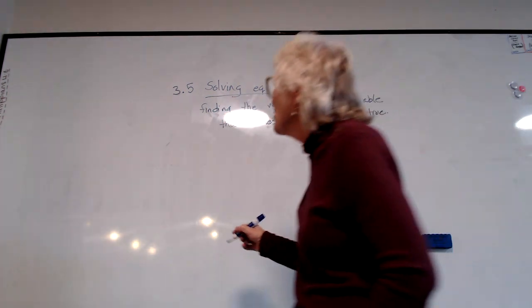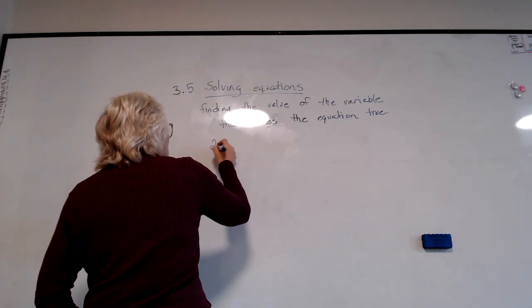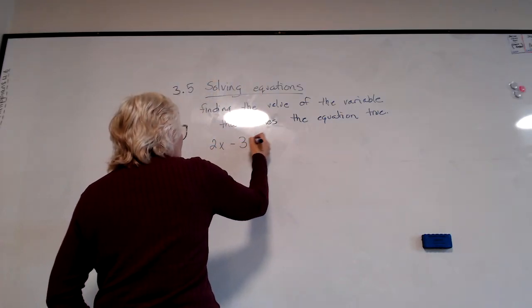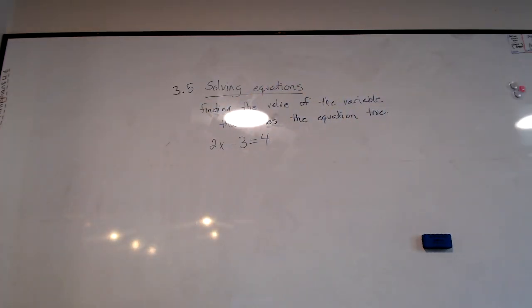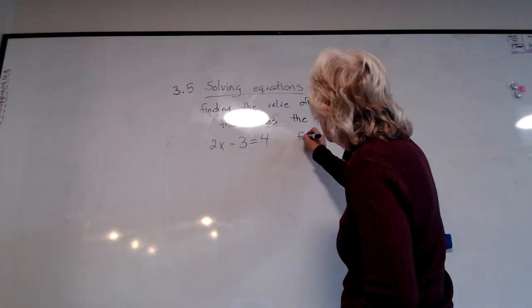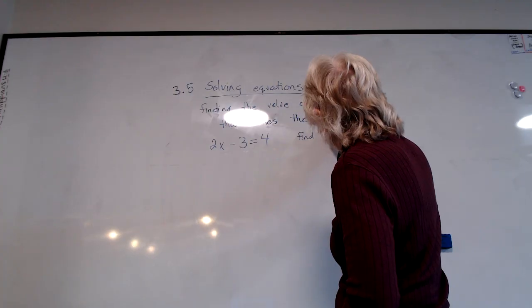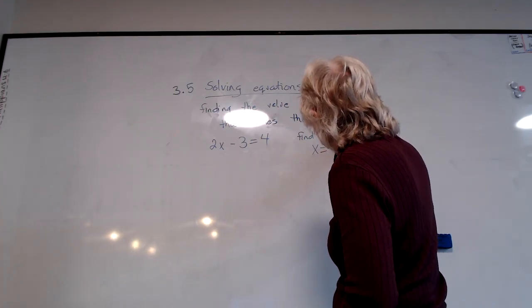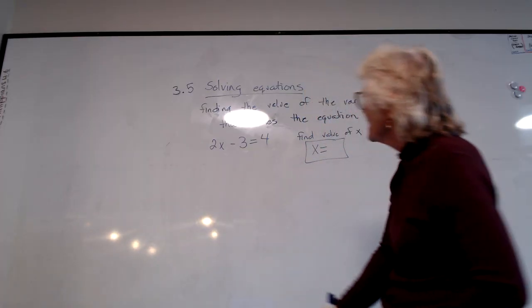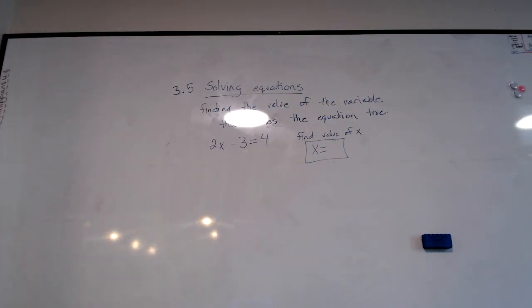Okay, so yesterday we talked about something like this. This is a very basic one. 2x minus 3 plus 4 equals 4. Our goal here is to find the value of x, which means we want the equation to be an equivalent statement where it's x equals.